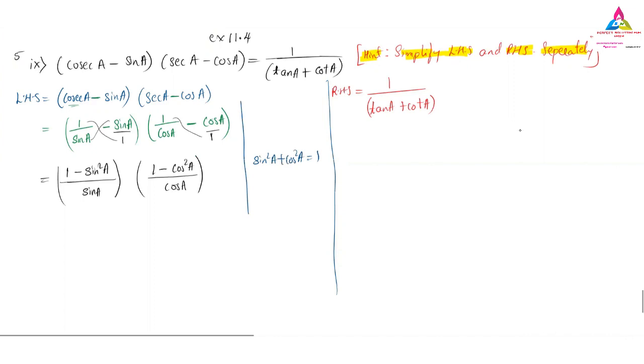I need 1 minus sine square A, so I will shift sine square A to the other side. Cos square A is equal to 1 minus sine square A. Yes, this is the identity we can apply here, because here we have 1 minus sine square A, which is nothing but cos square A.